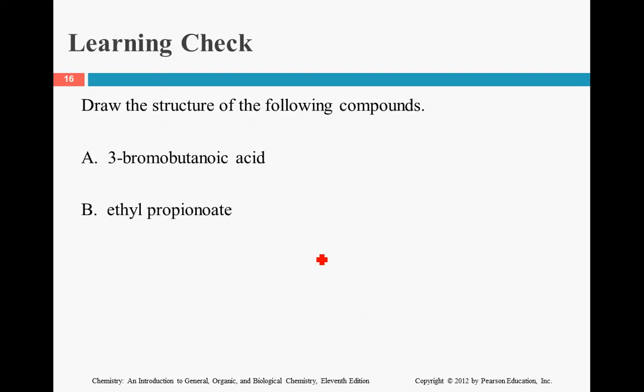Alright, so draw the structure of the following compounds. So oic acid means it's a carboxylic acid. You'll notice that I always go backwards with these, so that way I know what I'm doing from the biggest chain first. So we know it's a carboxylic acid. But means there's 4 carbons. So carbon, carbon, carbon, carbon.